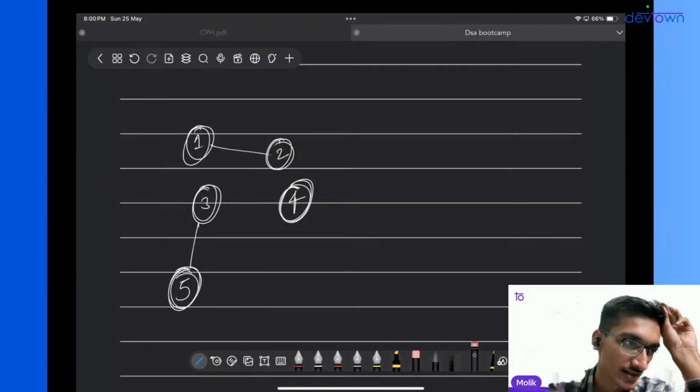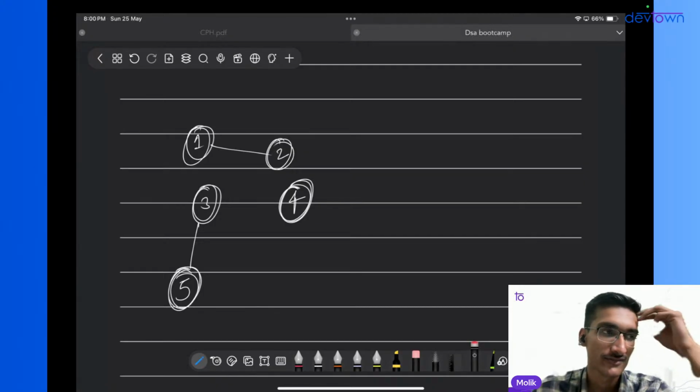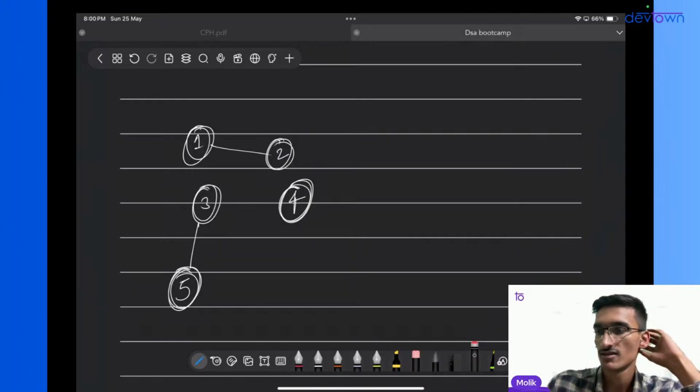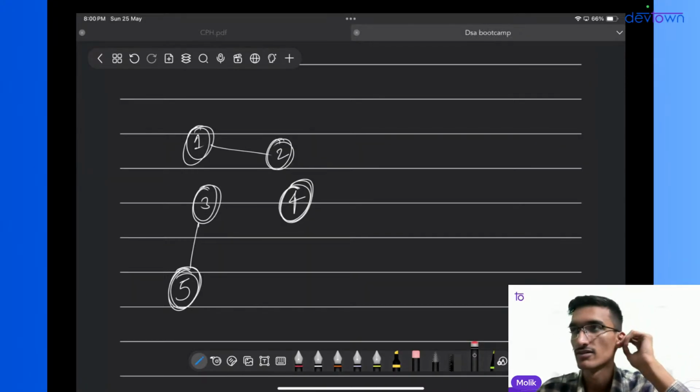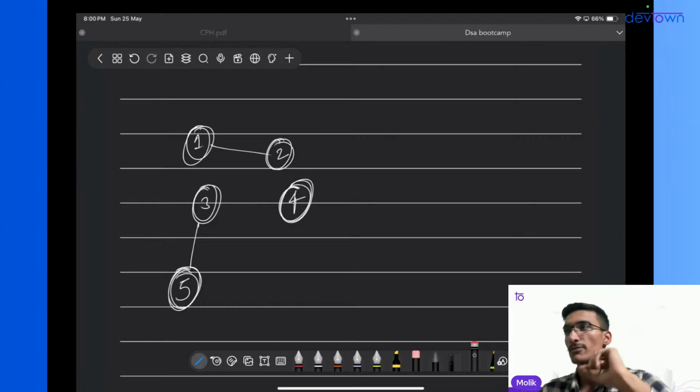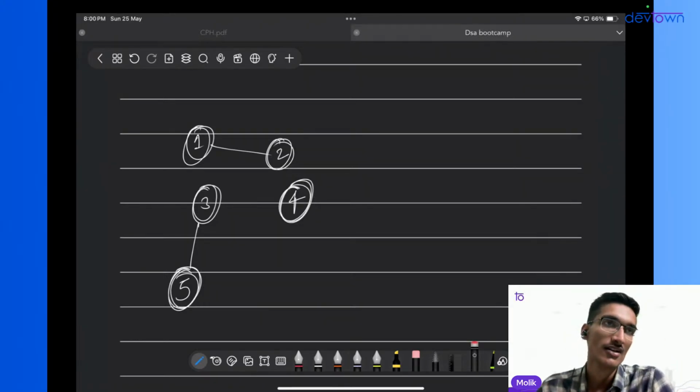It's similar to this. If you build low-level applications like a Redis database, they actually use this. In fact, the most efficient databases are based on B trees.